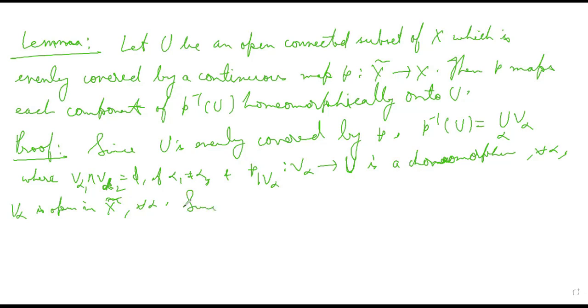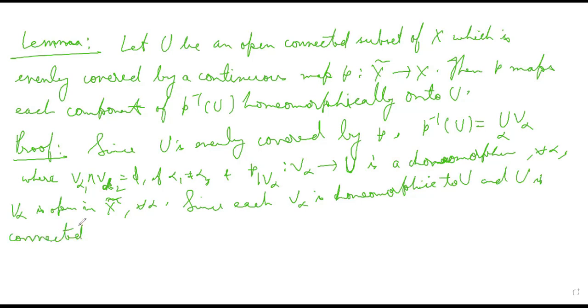So since each V alpha is homeomorphic to U and U is connected, each V alpha also is connected.